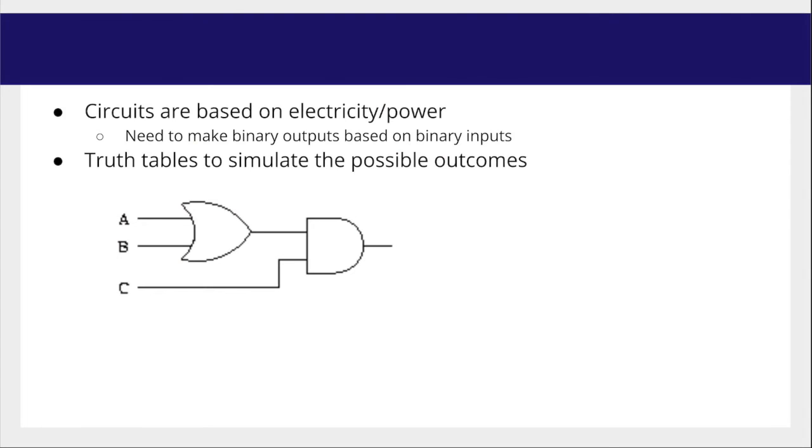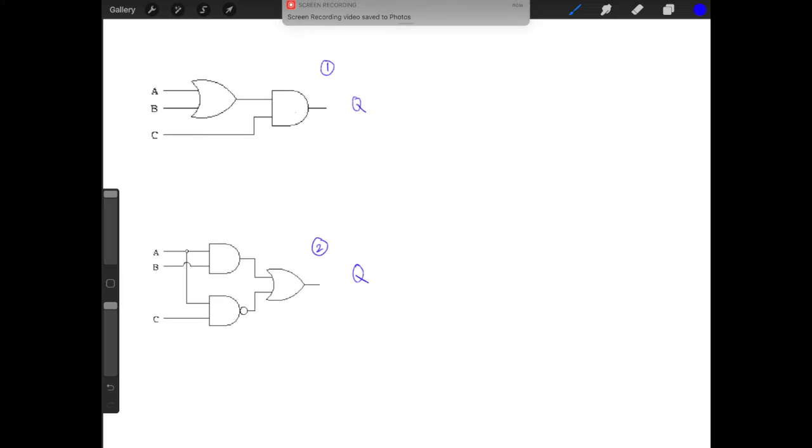So next, I'll be switching over to writing, and I'll show you how to go over these different types of logic gate circuits using a truth diagram, as we stated earlier. So a truth diagram, remember, can represent all the different scenarios.